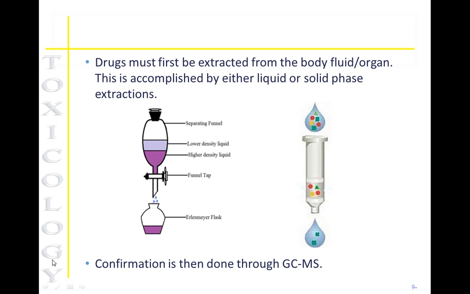If necessary, please review this separation method. Once again, it's located in Module 2 under Instrumental Methods. Once the drugs have been separated from the body fluids or the organs, then confirmation testing can be performed by a gas chromatograph with a mass spectrometer.